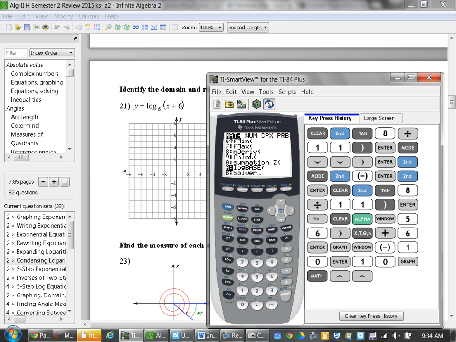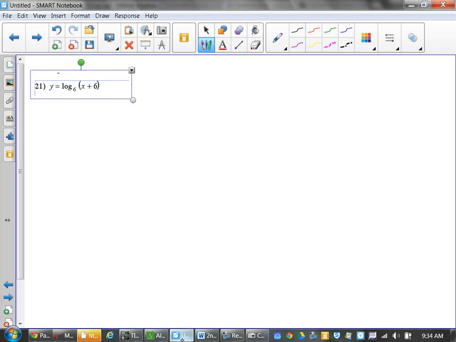Oh, okay, I see. So let's look at solving log equations real quick. If you remember how to solve a log equation, on the chapter 8 test, log base 4 of x equals 2.